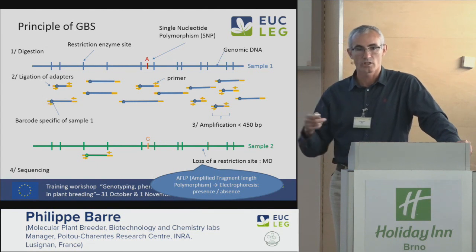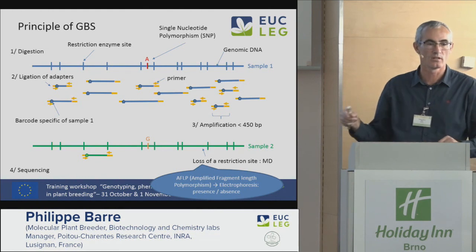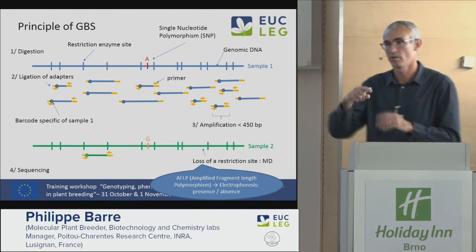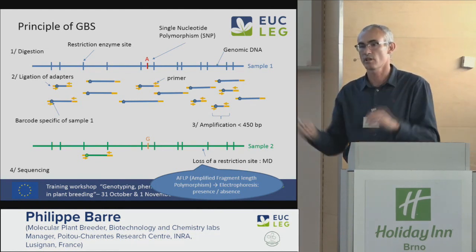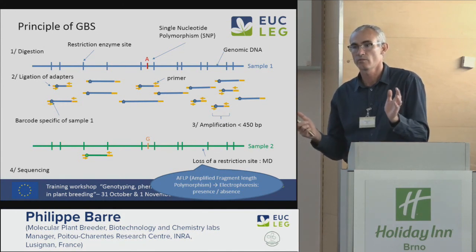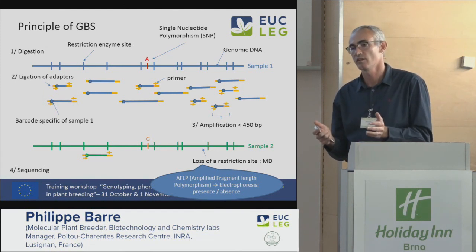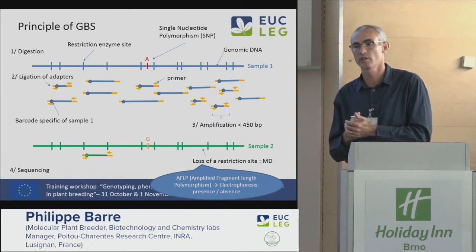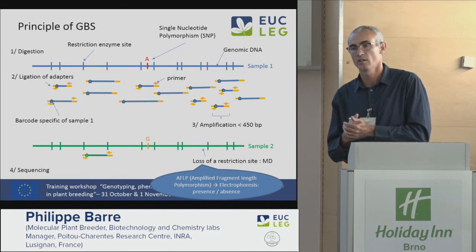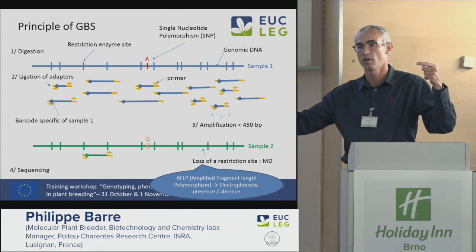So you digest, and you have many different sizes. If you look at the distribution, you will have a nice distribution of the different fragment sizes. And you can't do anything with that right now. So the idea of Keygene several years ago was to put adapters.